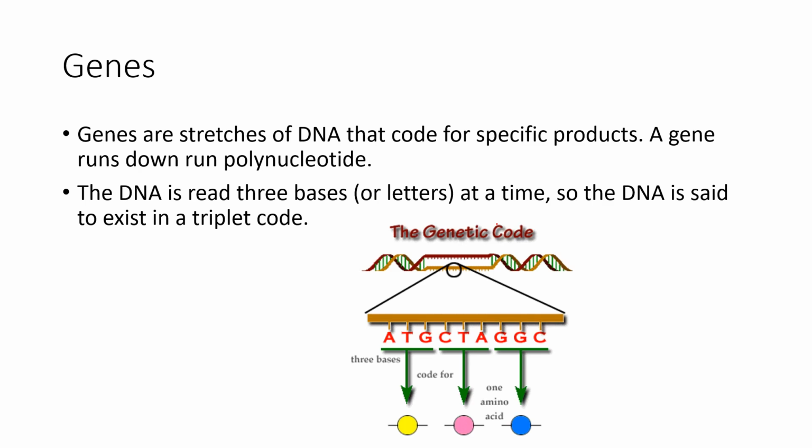Next. Your cells contain about 20,000 different genes that we are aware of at this point. There are probably more than that, but that's what we've been given as data from the Human Genome Project. Each chromosome that you have contains about 1,000 genes. Some of the longer ones have more, some of the shorter ones have less, but about 1,000 genes per chromosome.